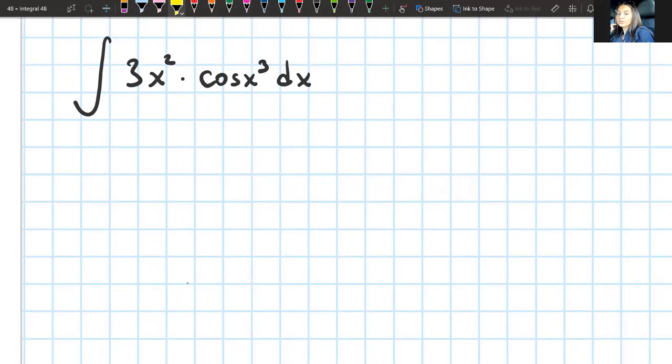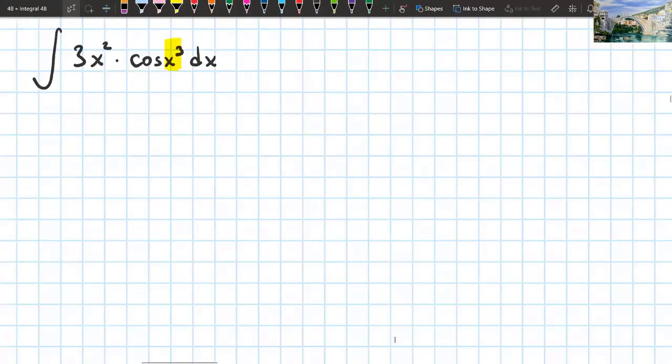Just use x cubed, yes. Simeon, you are right. Remember the steps: it will be the angle of a trigonometric function. That's x cubed here. So u is x cubed.